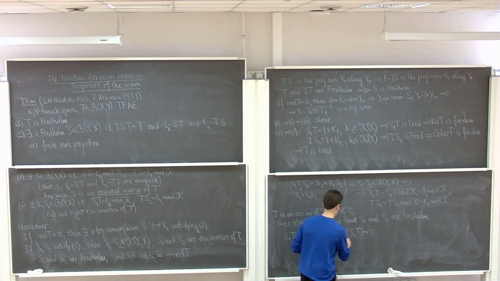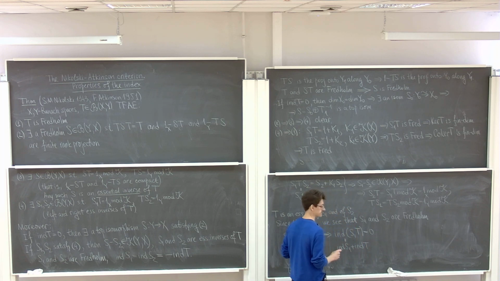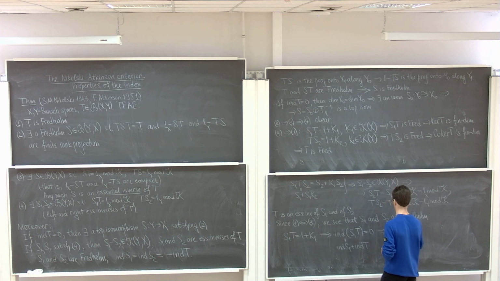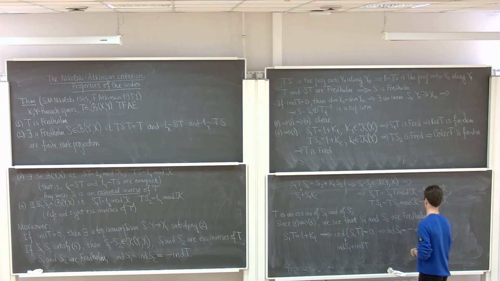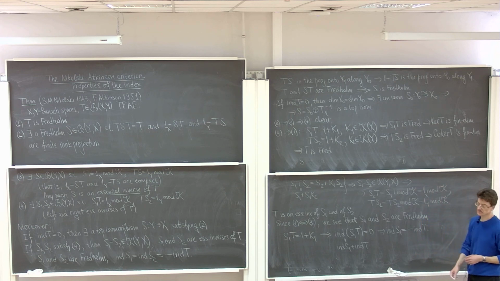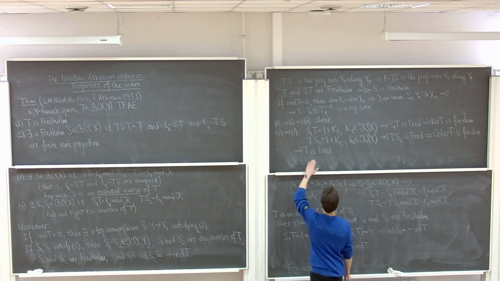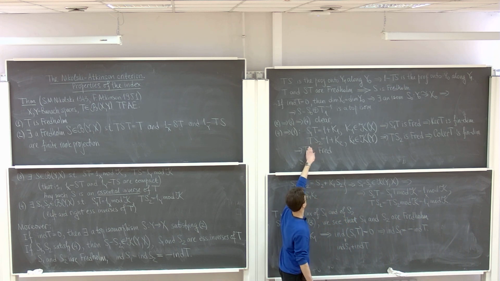But by the additivity of the index, this is the index of S1 plus the index of T. So we conclude that the index of S1 is minus the index of T. And if we apply a similar argument to TS2, we get the same result for S2.